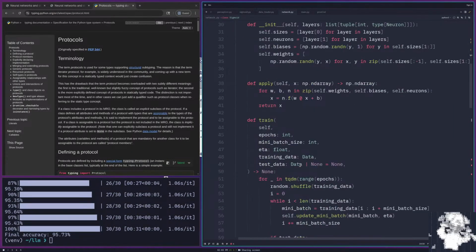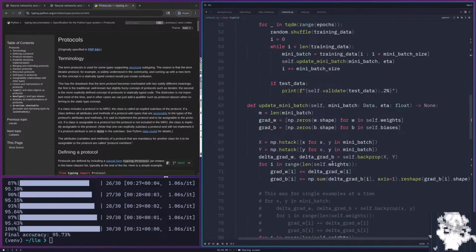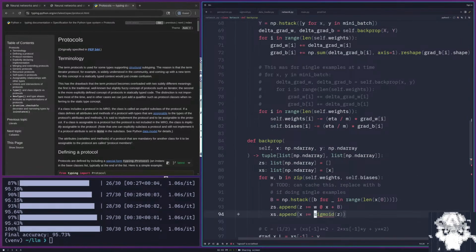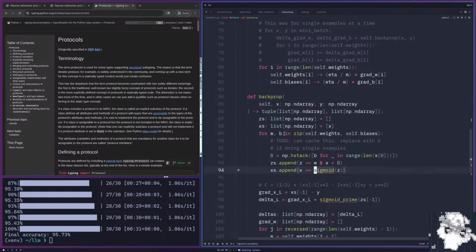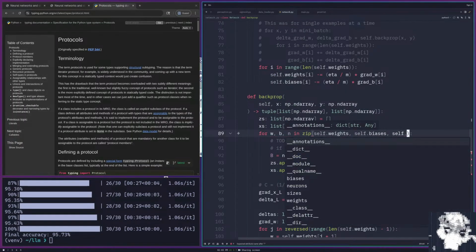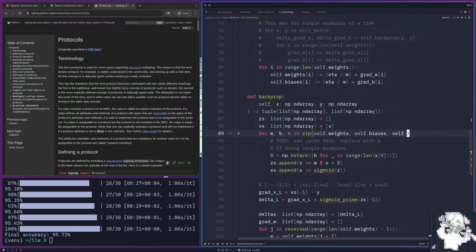Okay. Then where else are we calling sigmoid? This shouldn't be sigmoid, this should be self.neurons n dot f.